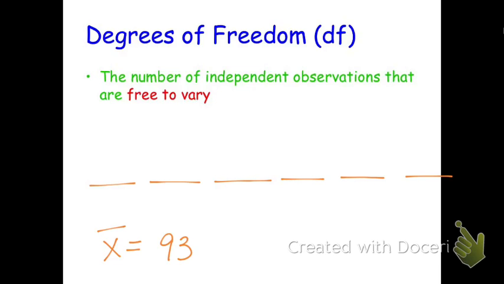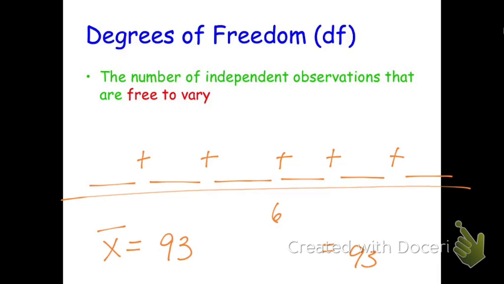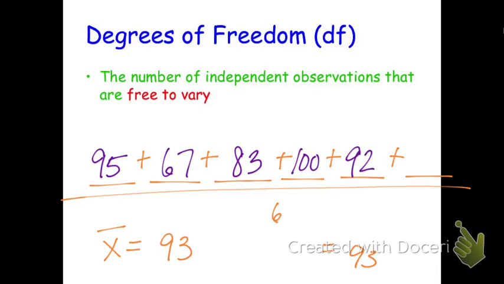So that would mean that this plus this, all of them divided by 6 needs to equal 93. So person 1 through 5 take the test, and here's what they score. They score a 95, a 67, an 83, 100, and a 92.